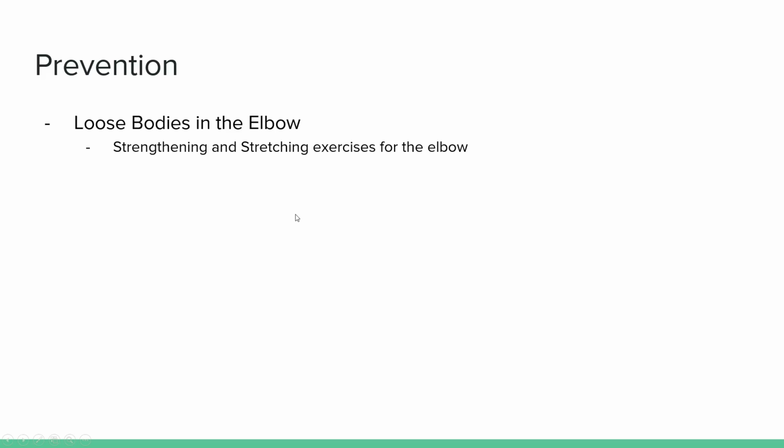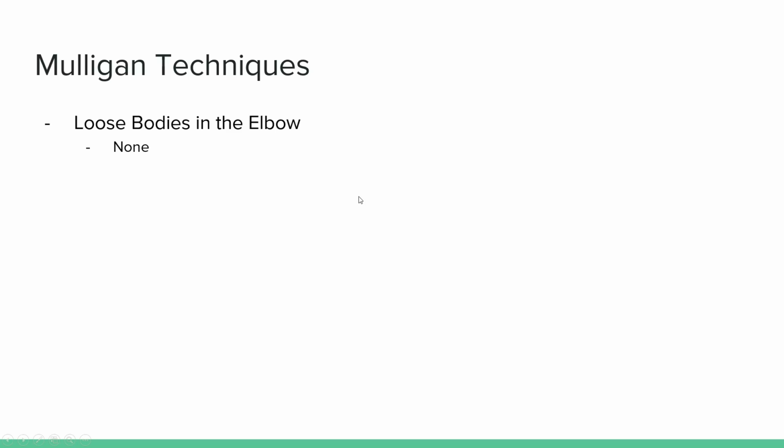Other stuff you can't prevent, like you can't prevent a high contact sport and getting in a car accident. No Mulligan techniques are available for loose bodies in the elbow.